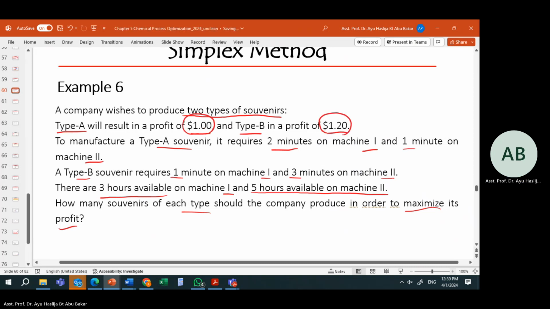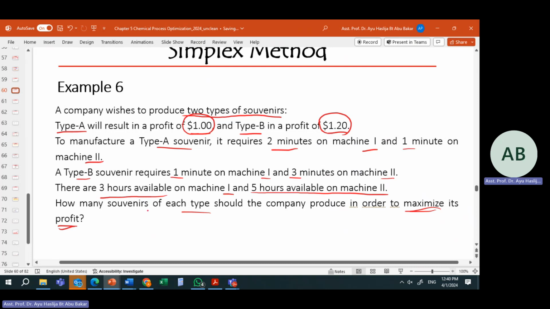Now, identify your decision variables. What are the variables that will affect your objective function? Here, you want to maximize the profit.